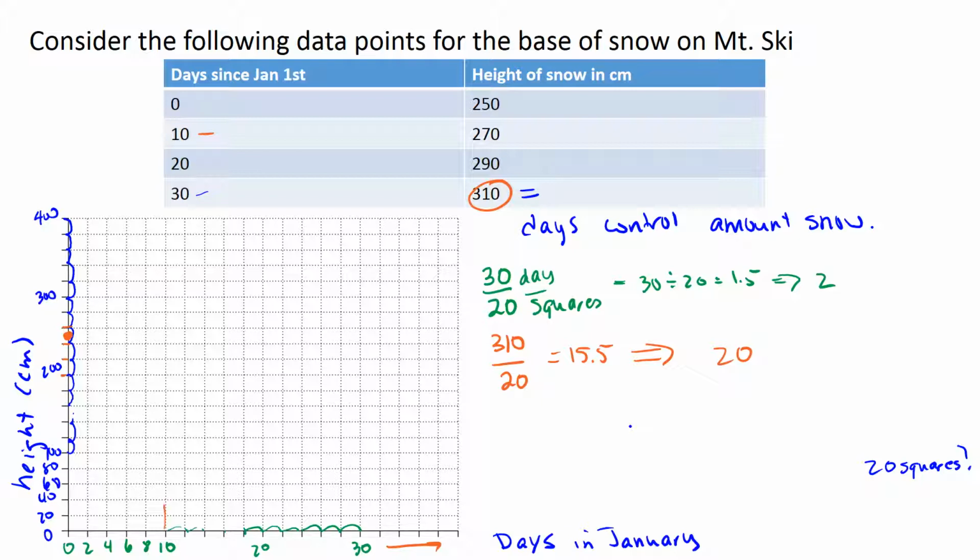So I'm going up from 10 all the way up to 270. That's right there. On the 20th day, it's up to 290. And at 30 days, it's 310. And now I'm going to connect the points. There we go.